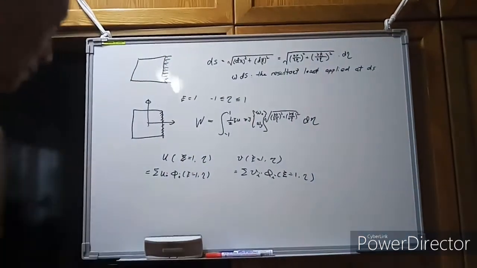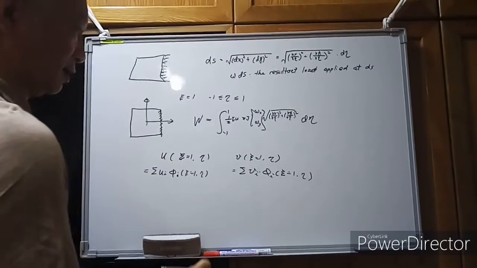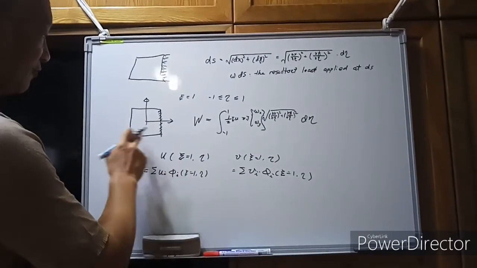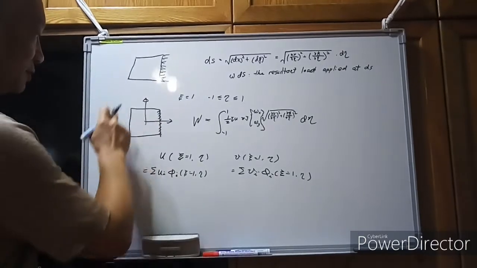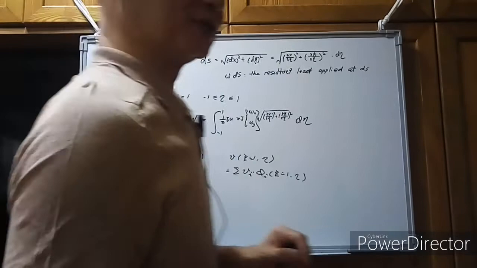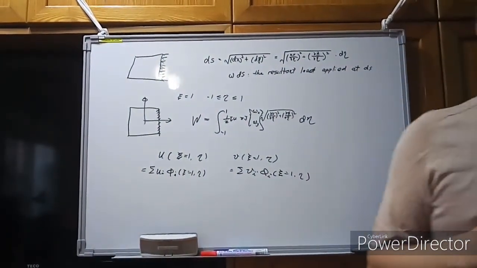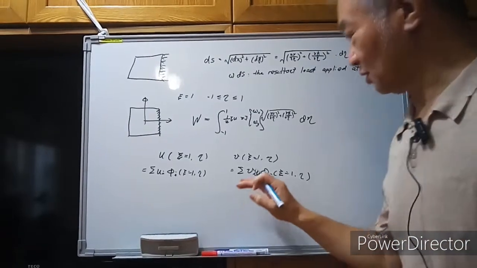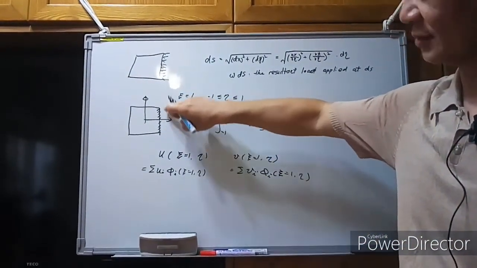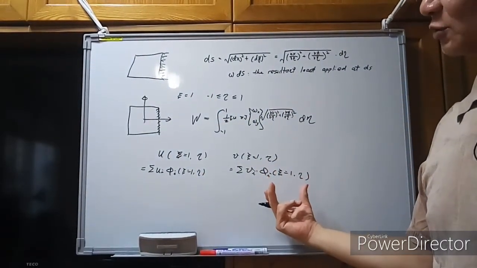If we specify ξ equal to 1, then you will find the shape functions of all the nodes which do not lie on the considered boundary have values equal to zero. Only the node points that lie on the considered boundary have non-zero φ functions.